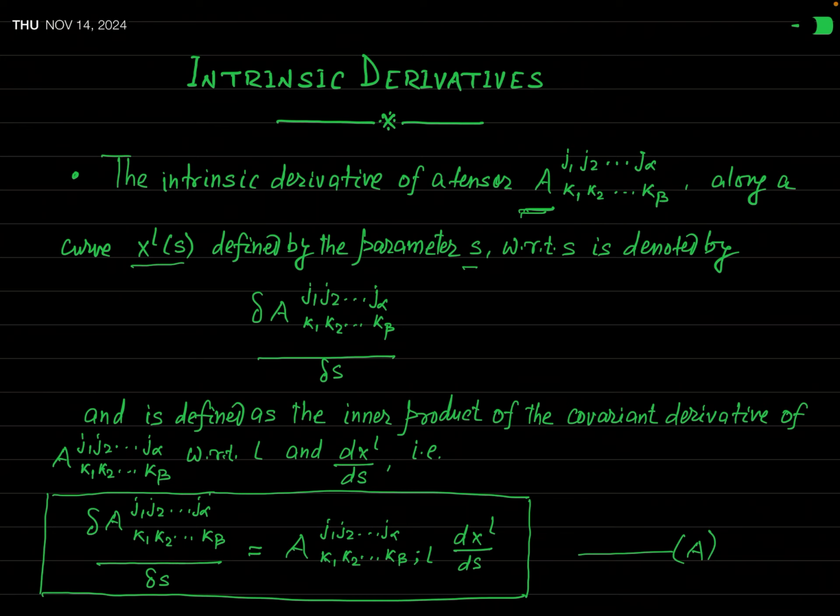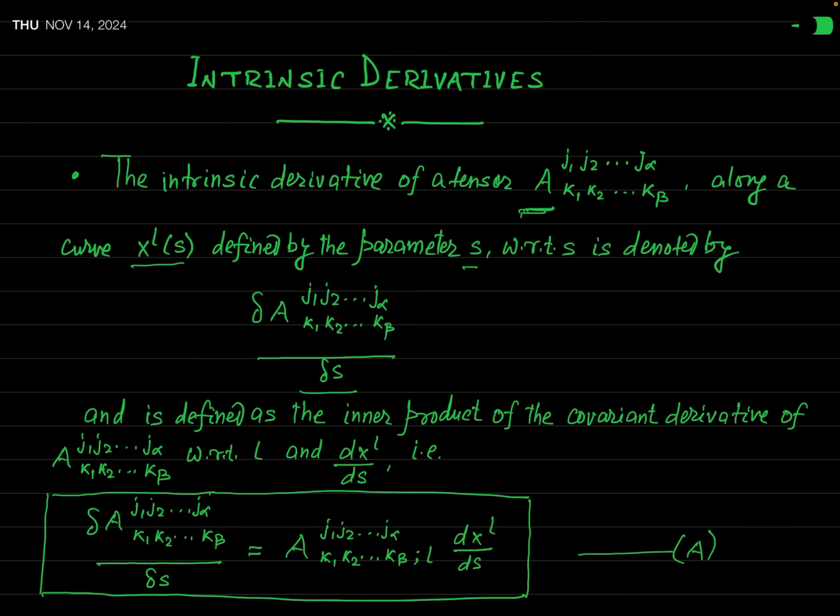is denoted by this symbol, delta A by delta S. If A is the tensor and S is the parameter on which the equation of the curve depends, then this intrinsic derivative is denoted by delta A by delta S. And how is it defined?